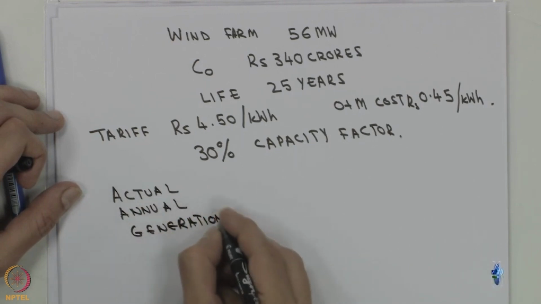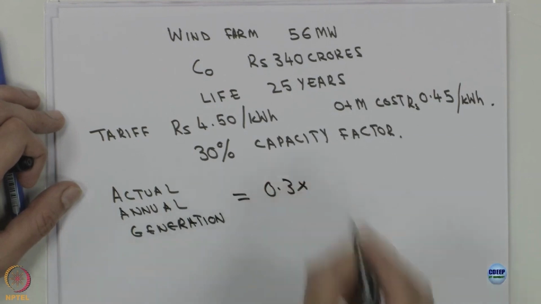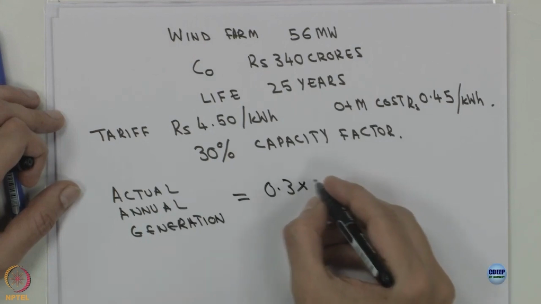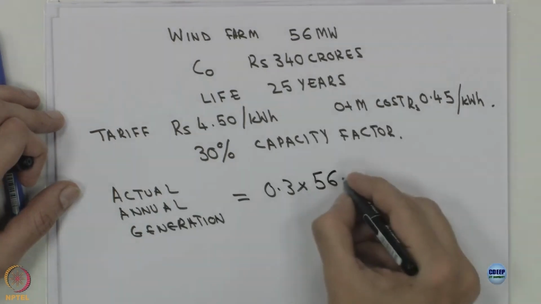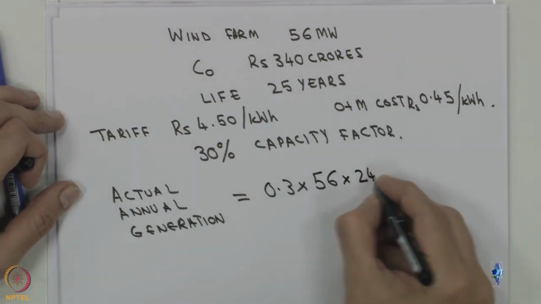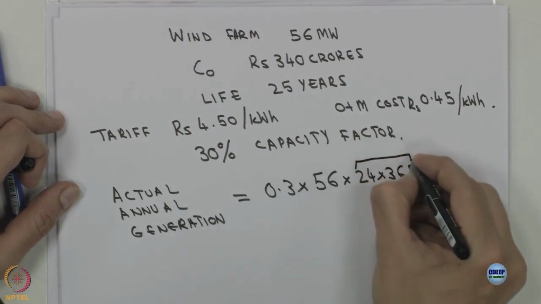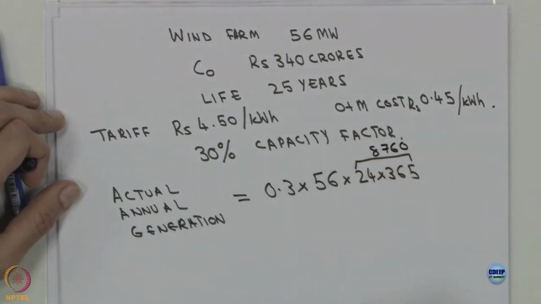is going to be 0.3 into 56 megawatt into 24 into 365, or 8,760 hours per year.